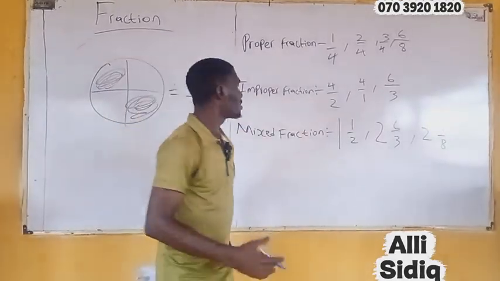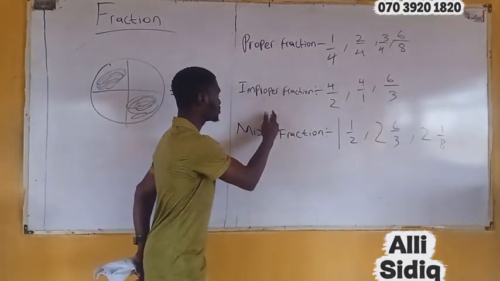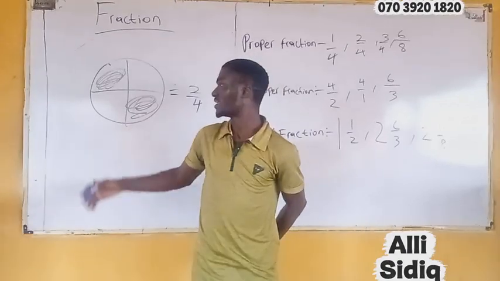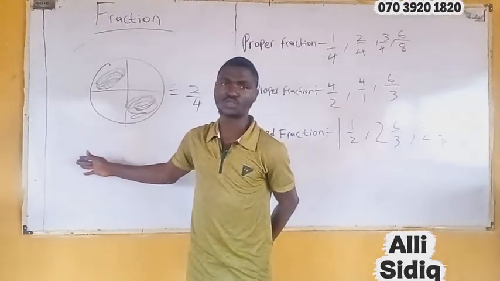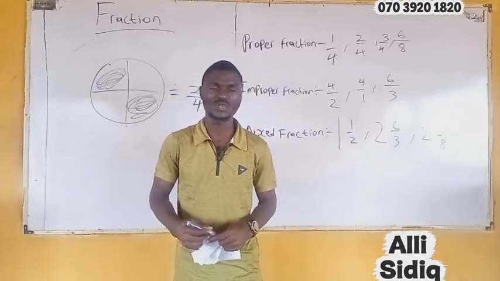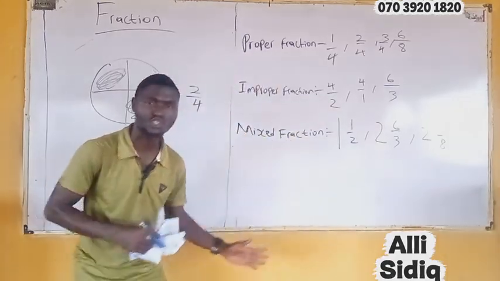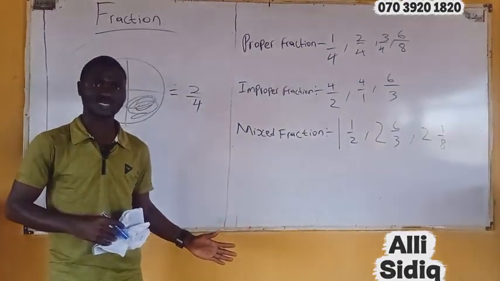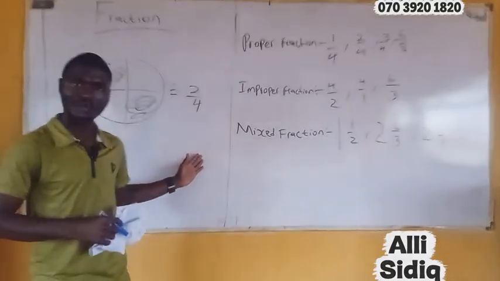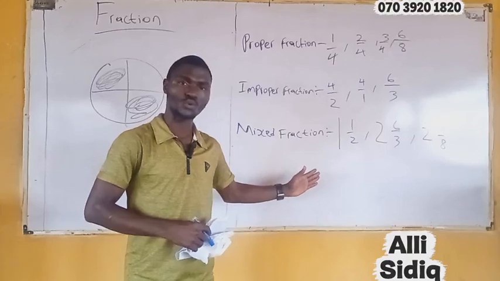Having understood the meaning of proper fraction, improper fraction, and mixed fraction, let's move to the question of the day on fraction, in which JAMB ask their question in a way that is confusing. The aim is not just to teach you fraction as a topic, it's to also teach you what we call LCM, the lowest common multiple.